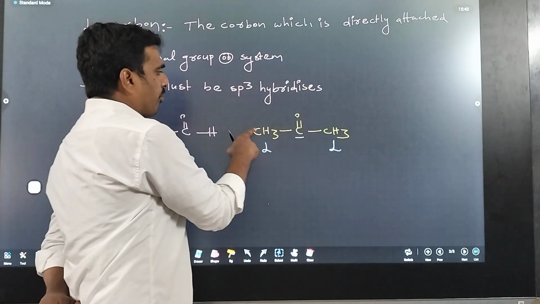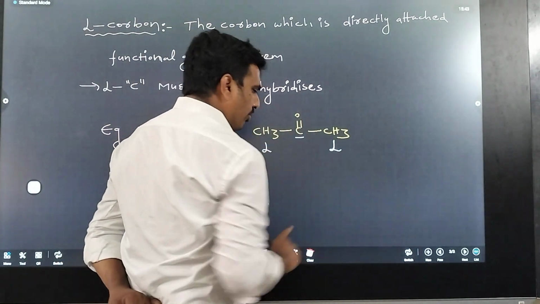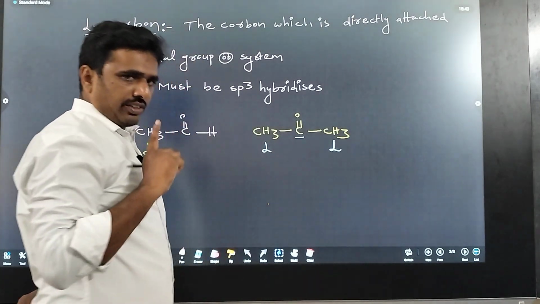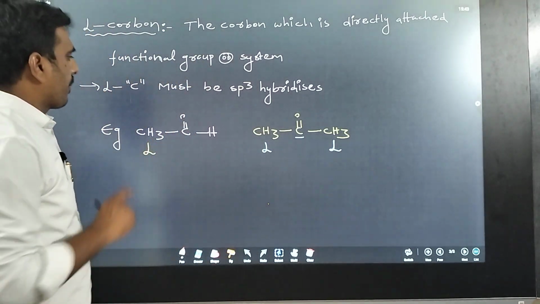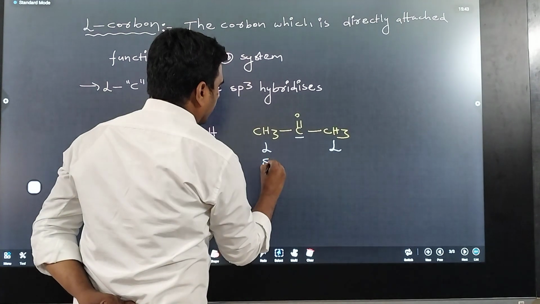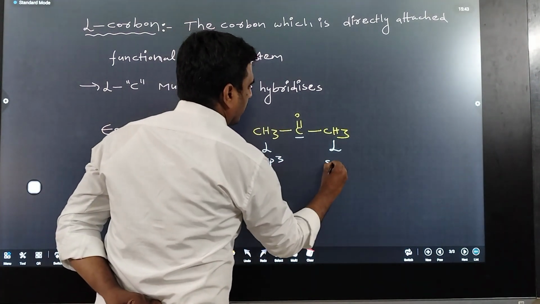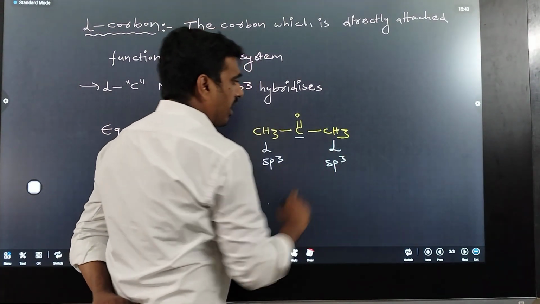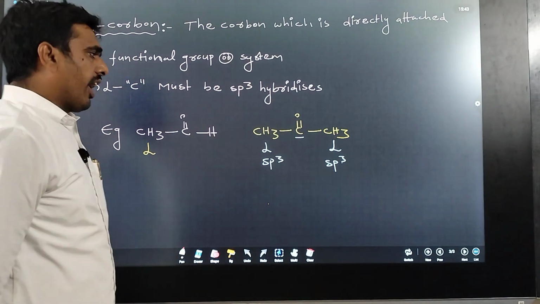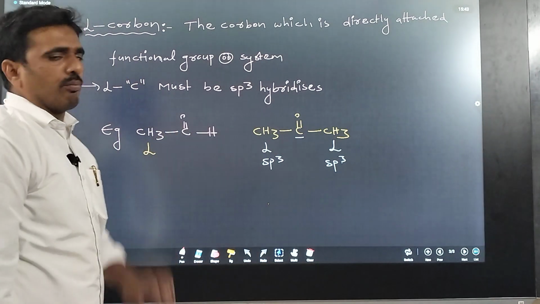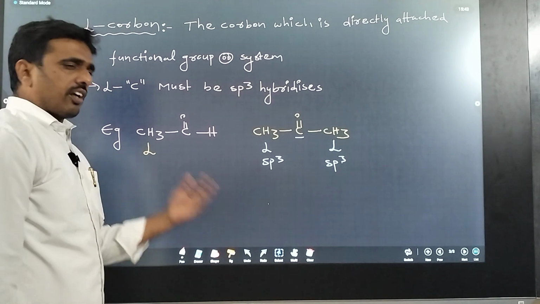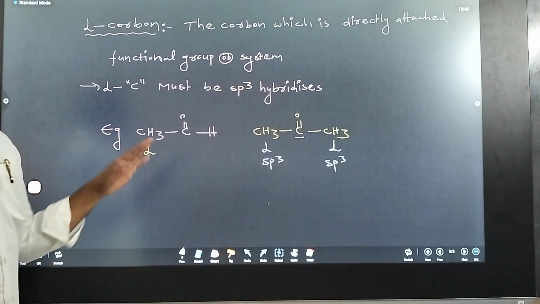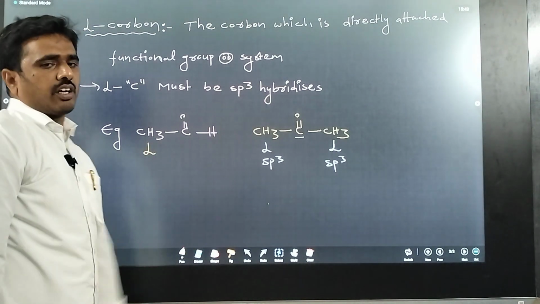This carbon participates in sp3 hybridization, and this carbon also participates in sp3 hybridization. That's why they are alpha carbons, and their hydrogens are called alpha hydrogens. This type of alpha hydrogen containing carbonyl compound participates in aldol condensation.